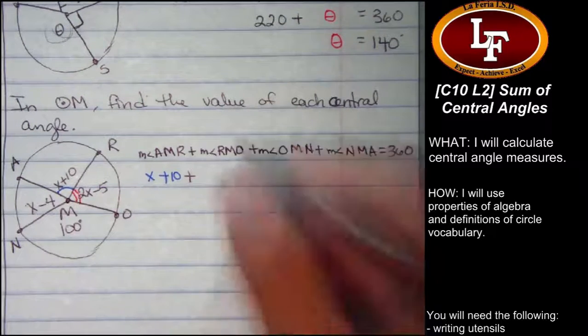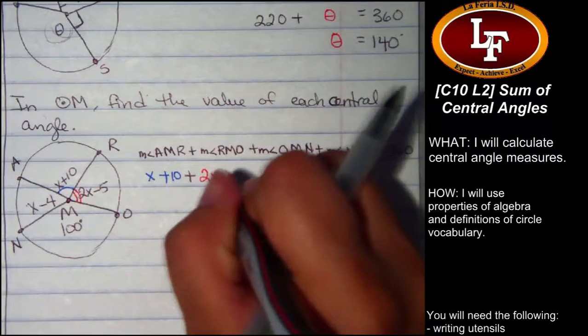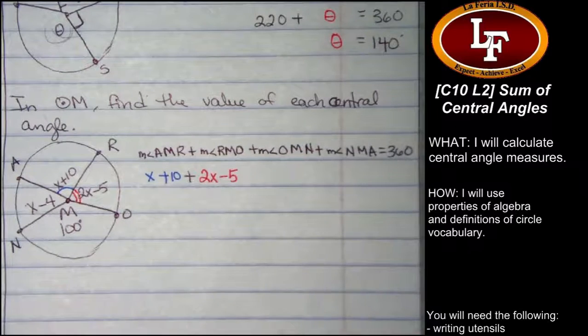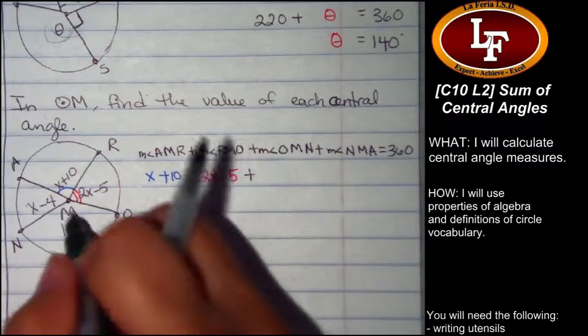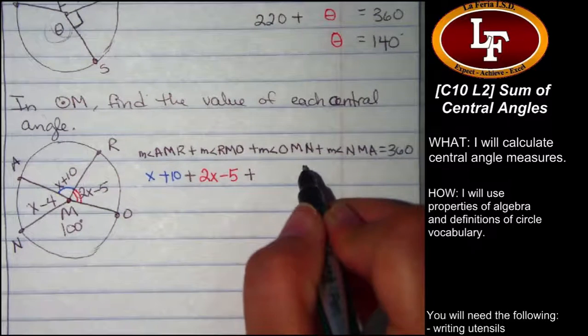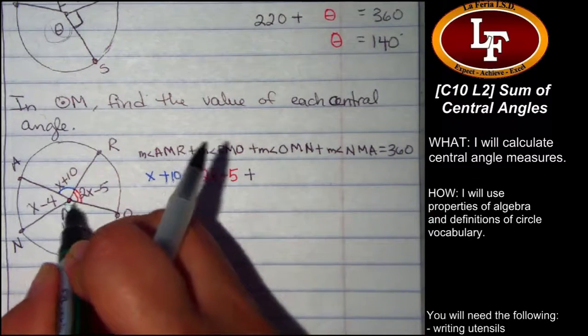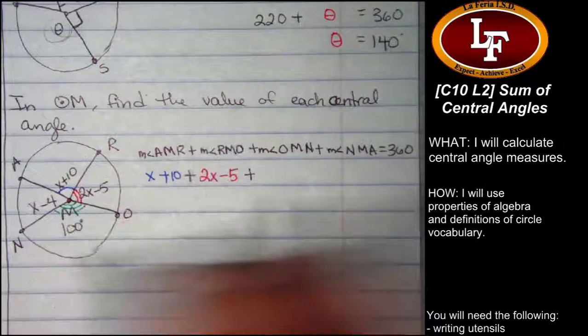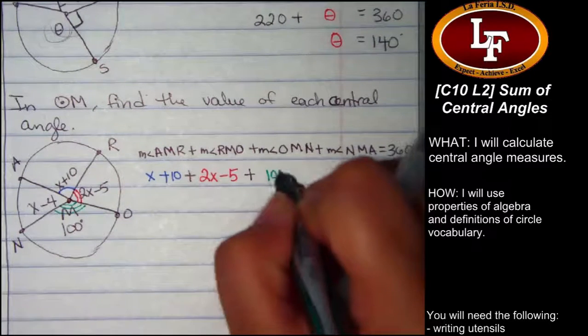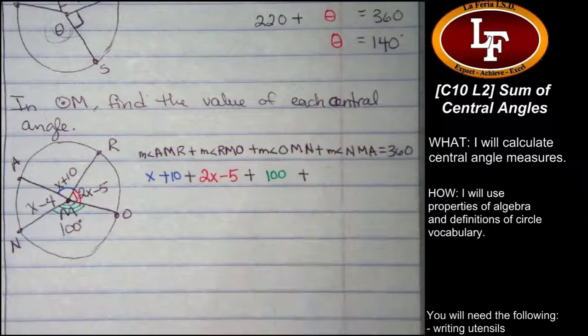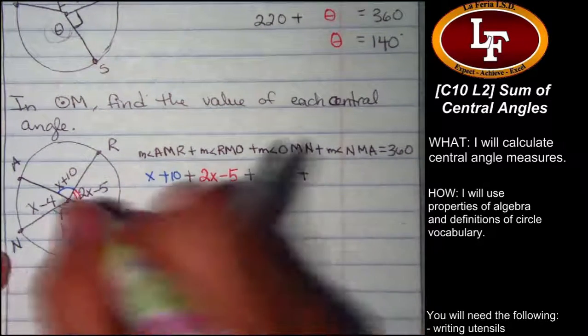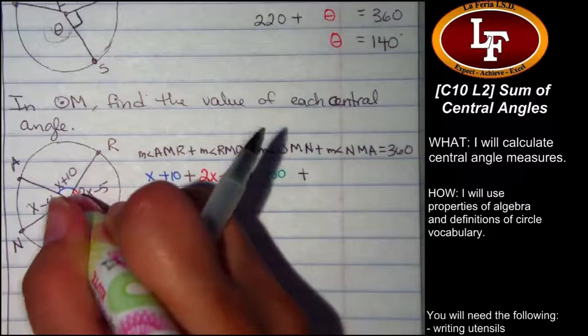That looks like it's 2x minus 5. Just substitute. The next angle is OMN, so that's this angle right here, and they actually gave me a number, that's 100. I'm going to add the last angle measure that I have here, which is going to be NMA, which looks like it's this angle.